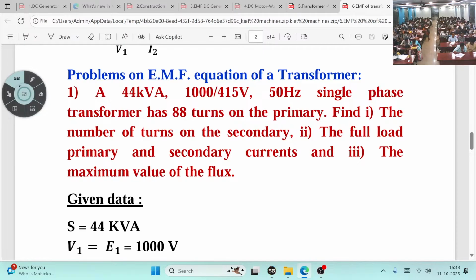What happens? Tell me. DC voltage. Output becomes AC, DC. How?